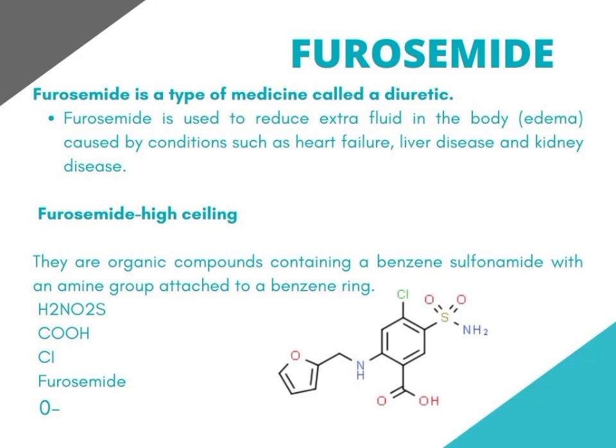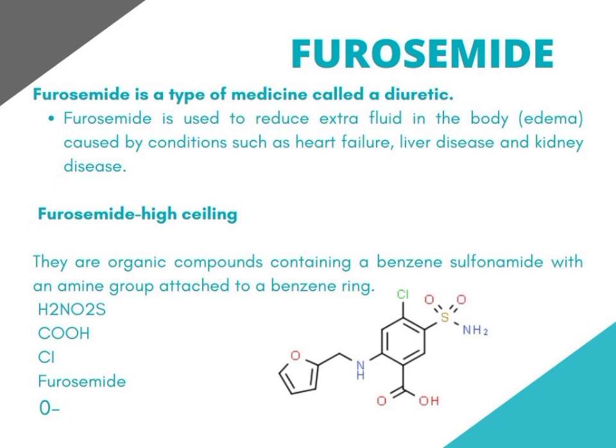It says here that furosemide is an organic compound containing a benzene sulfonamide with an amine group attached to a benzene ring. In simple terms, furosemide is composed of carbon, hydrogen, chlorine, nitrogen, oxygen, and sulfur atoms arranged in a specific configuration.